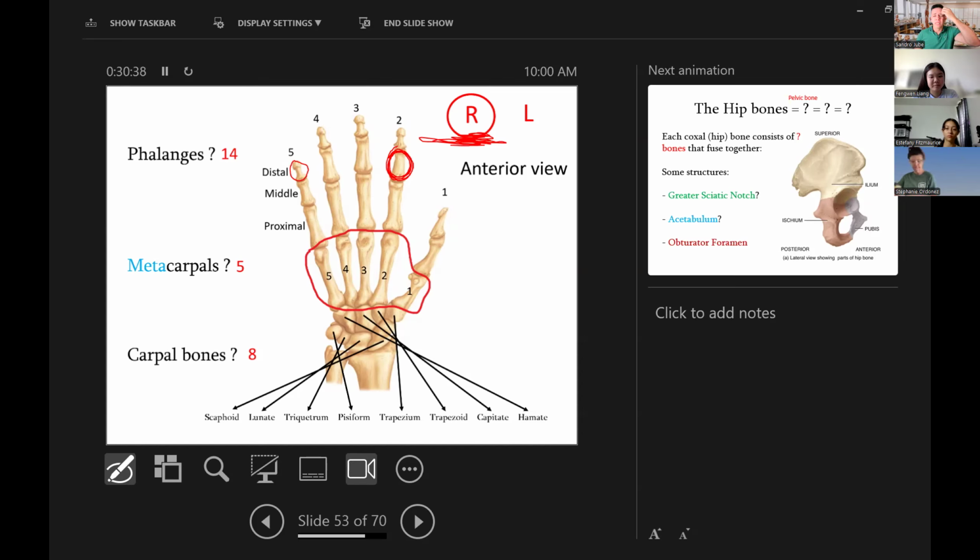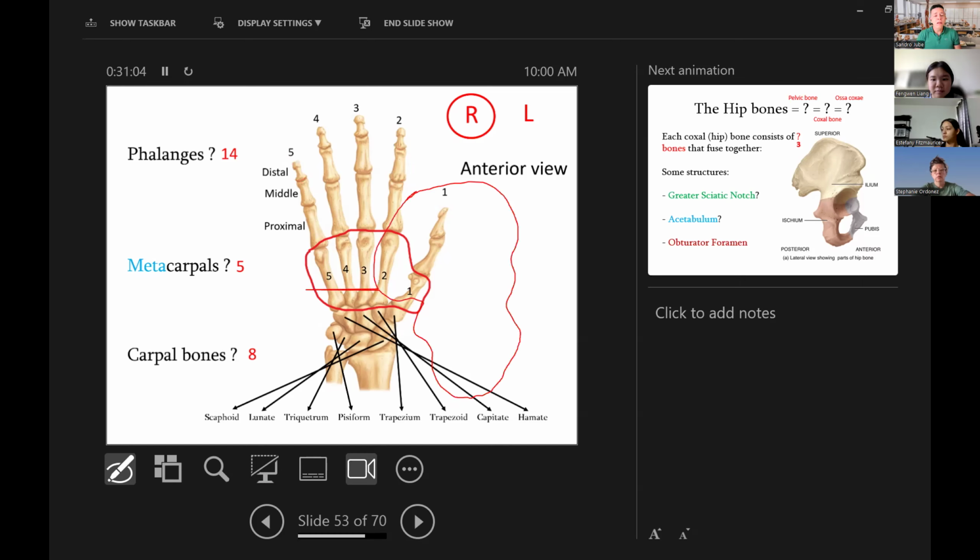Now, the hip bones have several different names. The hip bones can be called the pelvic bones, which can be called the coxal bones, which can be called the ossa coxae. For the sake of easiness, simply call them hip bones. So this entire bone that you're looking at right here on the screen right now, this is a hip bone.